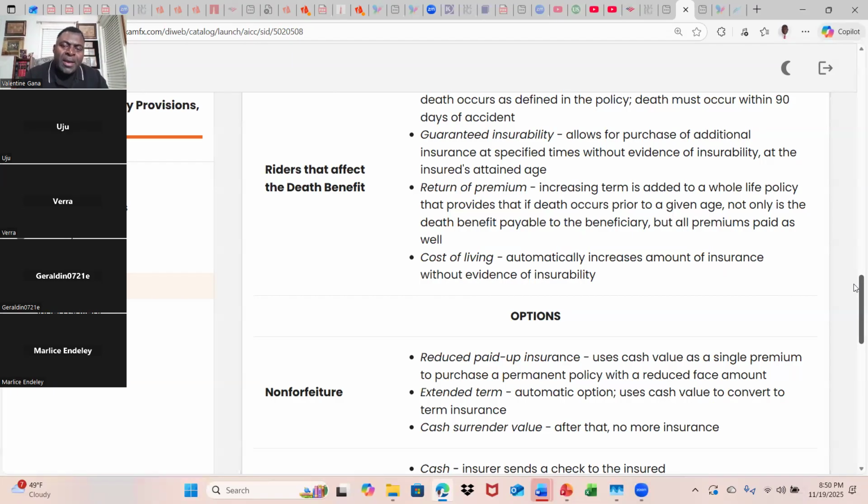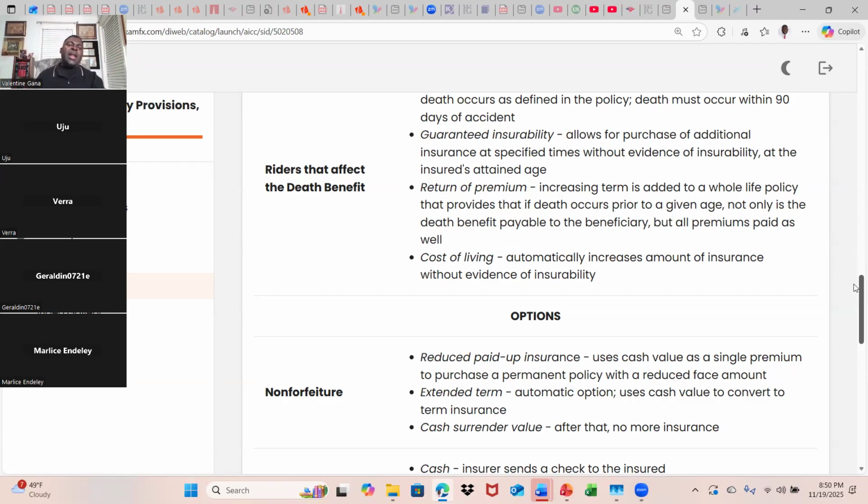Return of premium rider. A return of premium rider is a rider in some policies. You see, after the Index Universal Life Policy came out, people started adding things to term policies to make them a little bit more attractive. Because why do you want to get a term when you can get an Index Universal Life that is going to last you for the rest of your life? There is absolutely no reason.